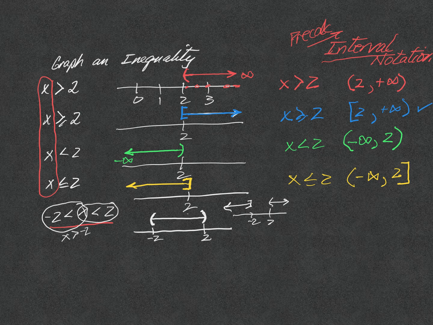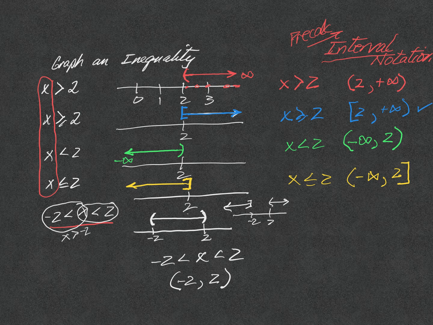What about this case here on the bottom, where we have negative 2 is less than x is less than 2? Now we're in between two numbers, but we don't include them. So you put the smallest number, then the largest number, and the parentheses. I know this looks like an ordered pair, but in this context, it's understood as x is in this interval.